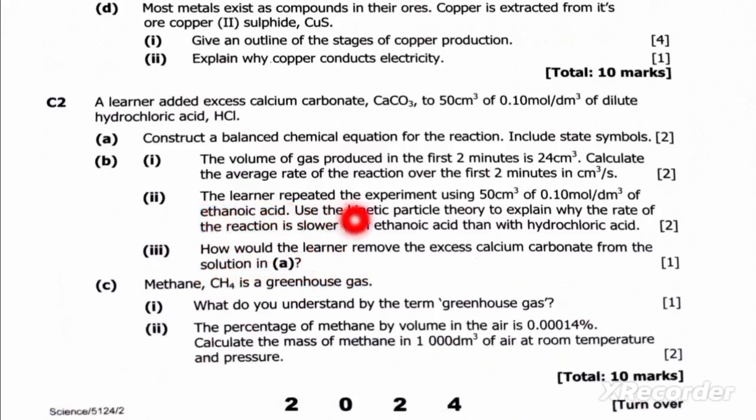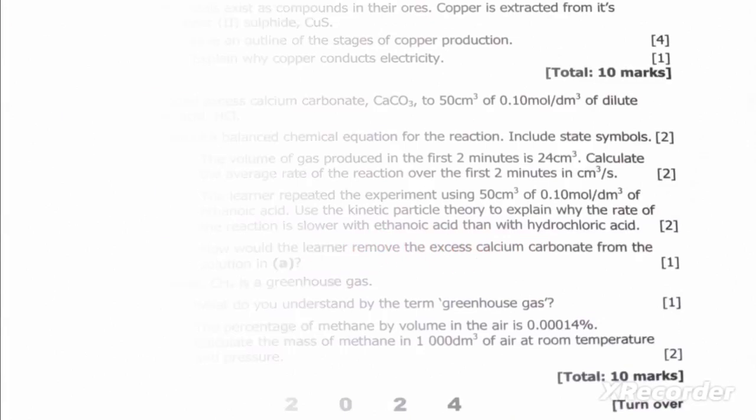The learner repeated the experiment using 50 cubic centimeters of 0.01 mole per cubic decimeter of ethanoic acid. Using the kinetic particle theory, explain why the rate of the reaction is lower with ethanoic acid than with hydrochloric acid. So they want us to give the reason.